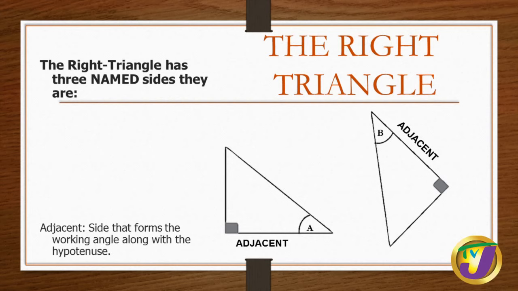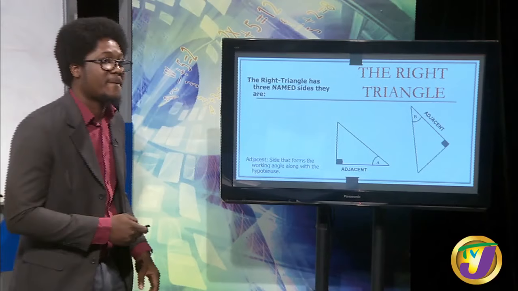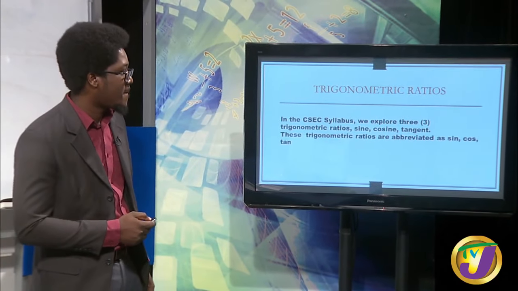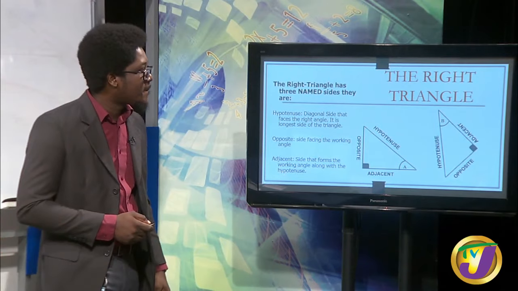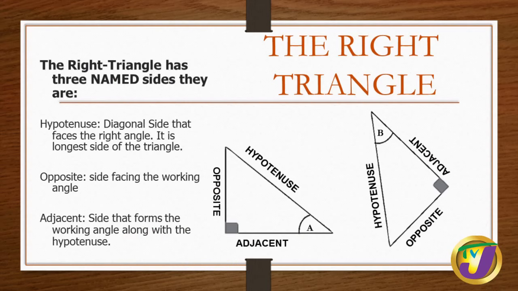And as you can see, in both our triangles, the adjacent is alongside the angle, forming the angle with the working angle. Yes. So, in summary, it depends on the orientation of the right triangle, the different sides, and also the working angle.